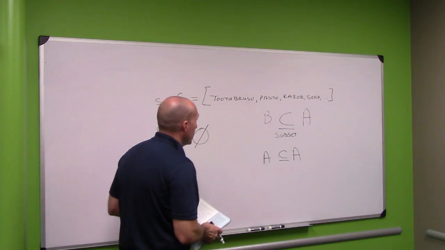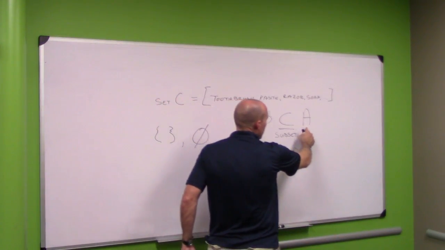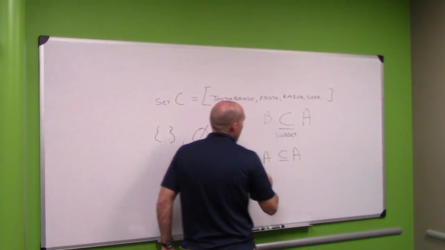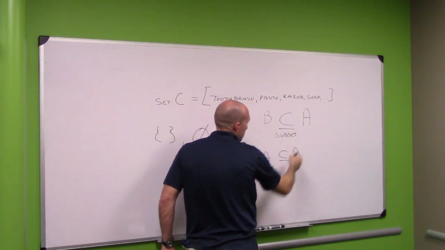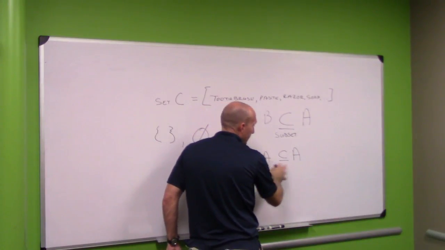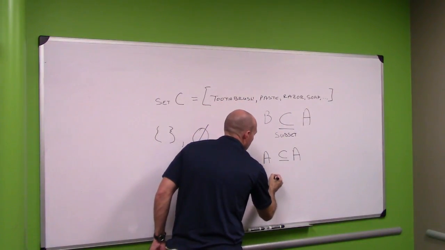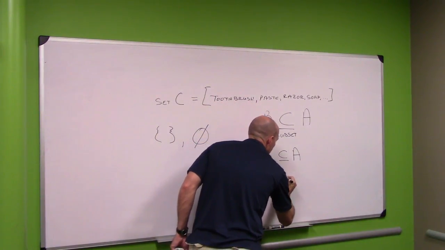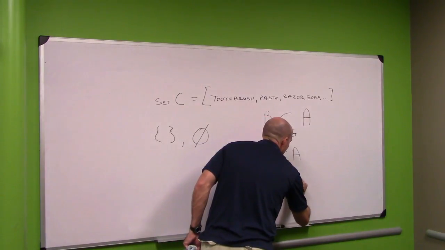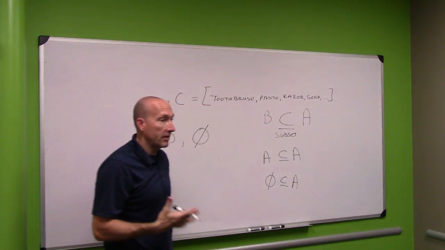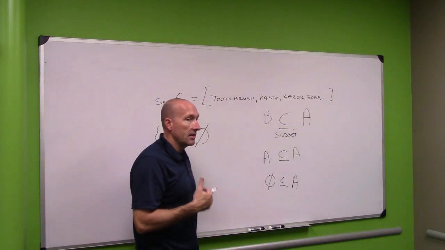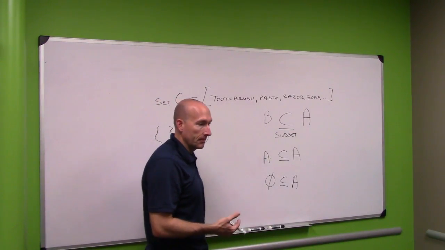Okay, so if we're talking about, like we were here, set A, if B is a subset of A, A, by definition is a subset of A, well then also a null set is a subset of A, or whatever we're talking about. A null set is always an option.